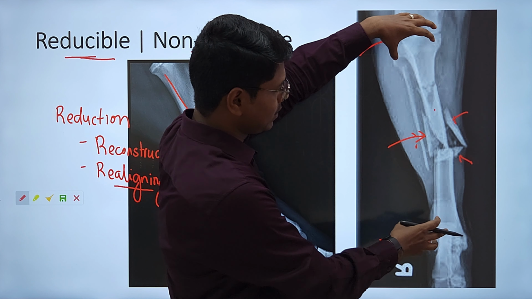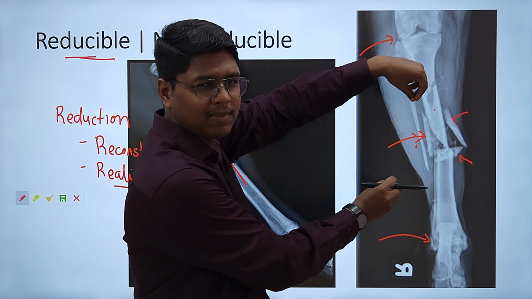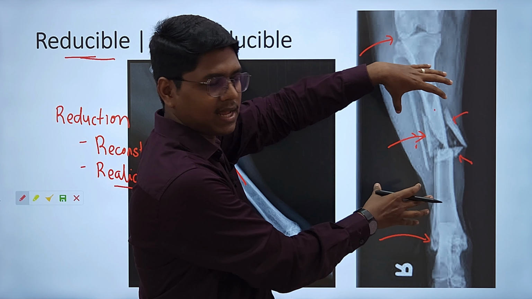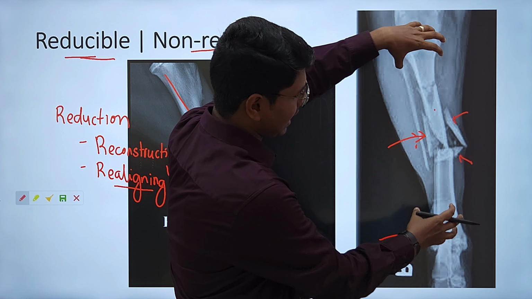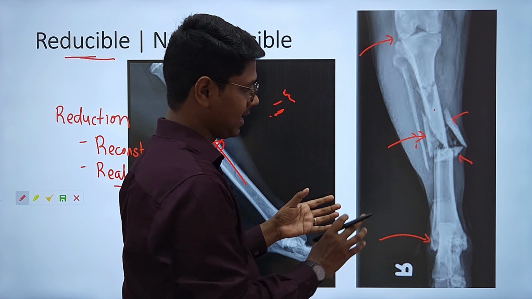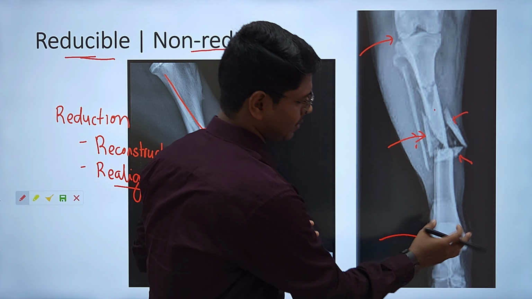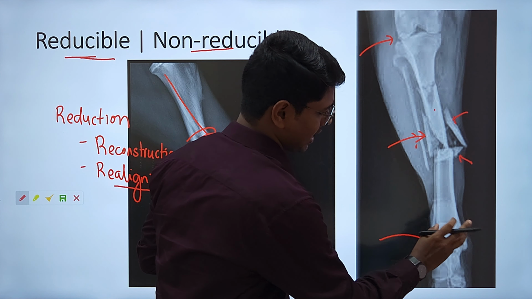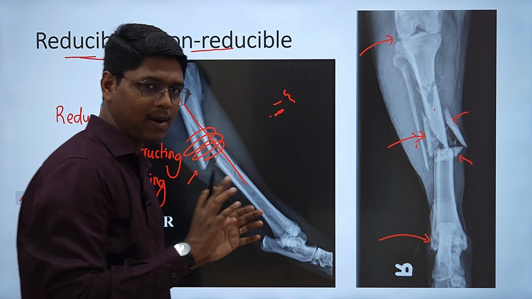Basically you will do some internal implant or some ESF so that this alignment is intact. The limb will be properly realigned, and especially internal or external rotation will be avoided.